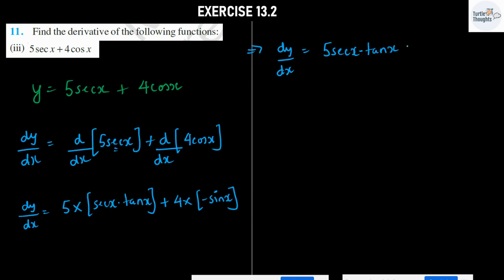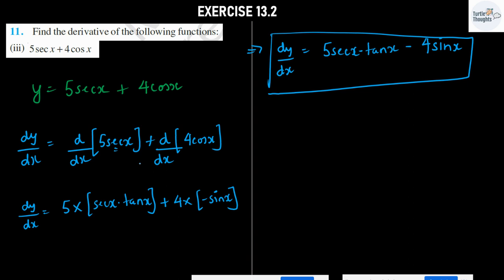So I will be getting over here minus 4 sin x. This is going to be your final answer. Is that clear? Yes? Okay, fine. You can leave it over here.